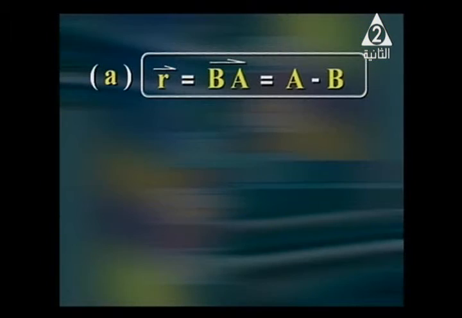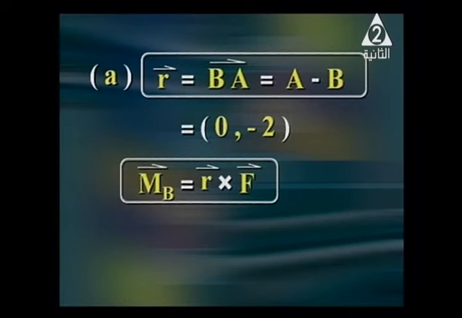Look at, dear student, r vector equals what? r vector equals the BA vector, A minus B. By substitution, the answer is (0, negative 2).